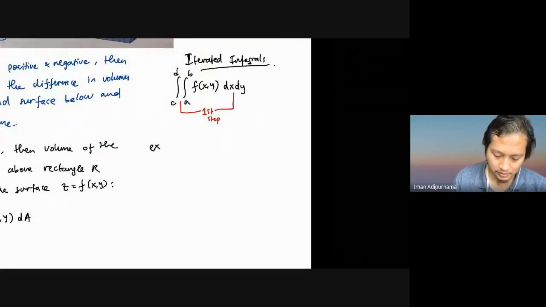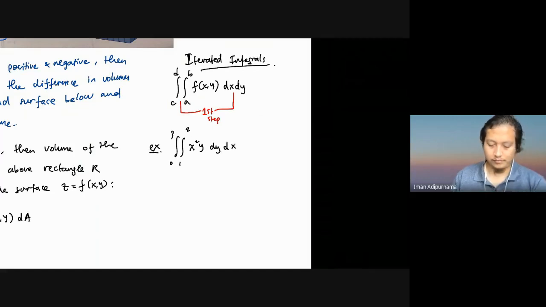So let's just evaluate. Now we compute this first. It's like a partial derivative, but it's integrals.